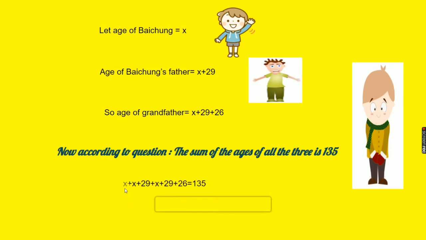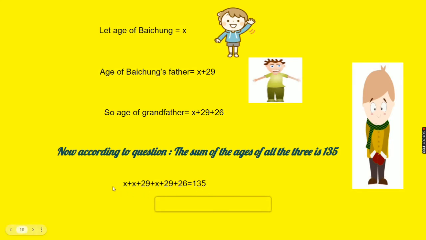Adding them, we got x plus age of Baichung's father, that is x plus 29, plus age of Baichung's grandfather, that is x plus 29 plus 26, and the sum of all of these is equal to 135. This is given in our question.